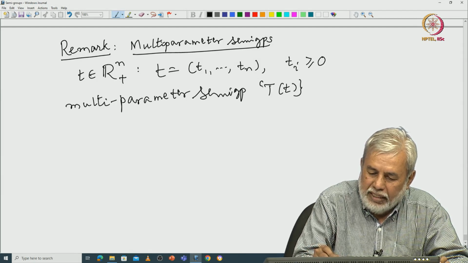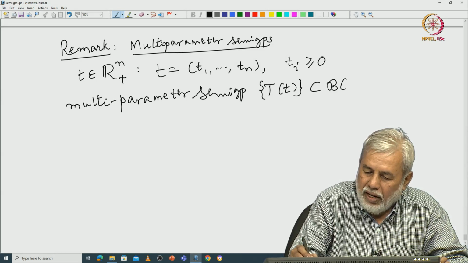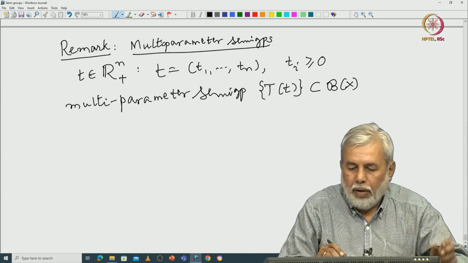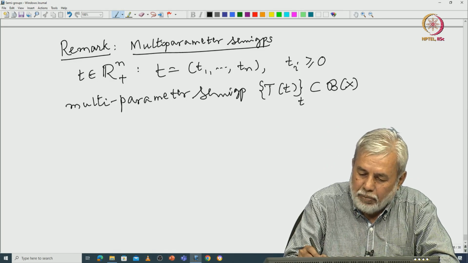Okay. So again this is a family of bounded linear operators defined on a Banach space. Now it's on R^n_+. Okay. So that's the only difference.